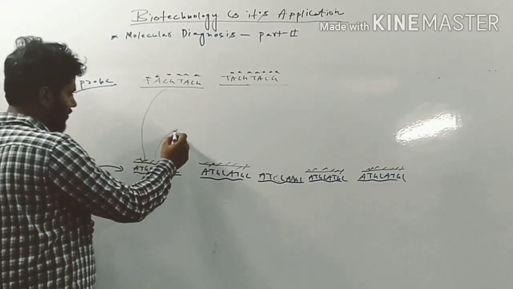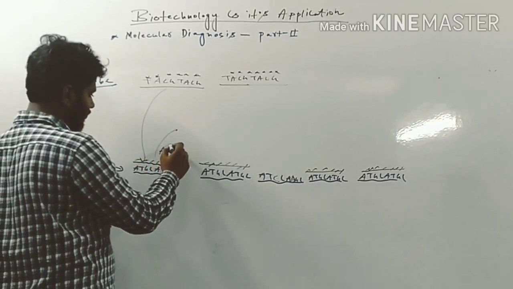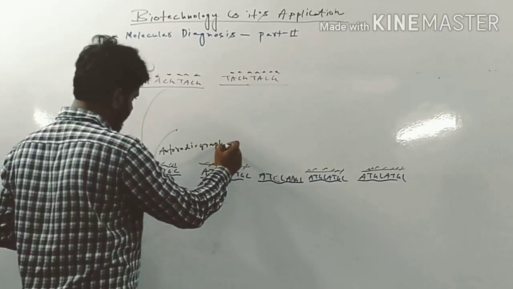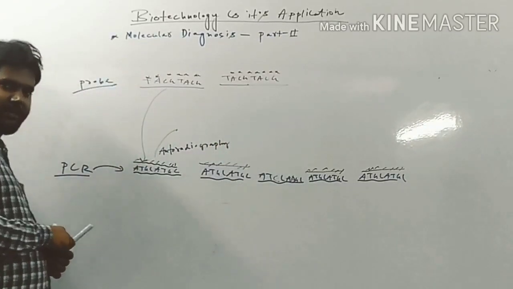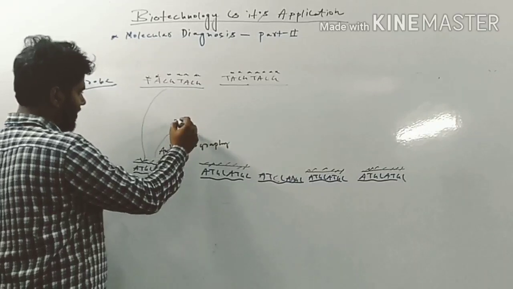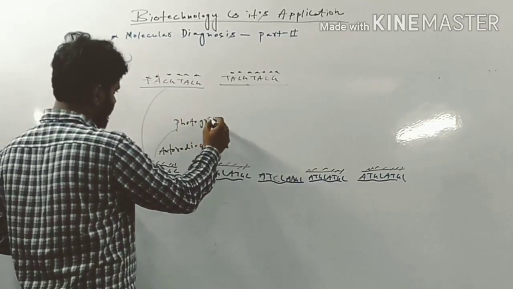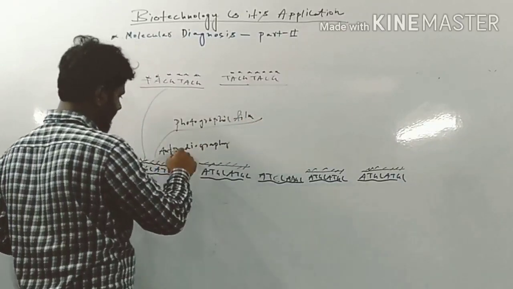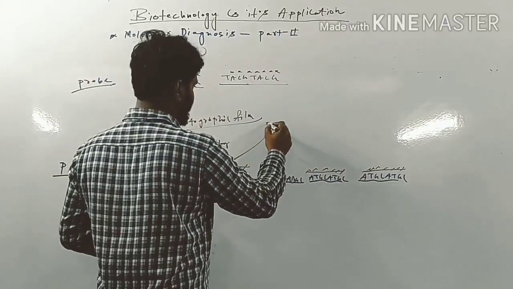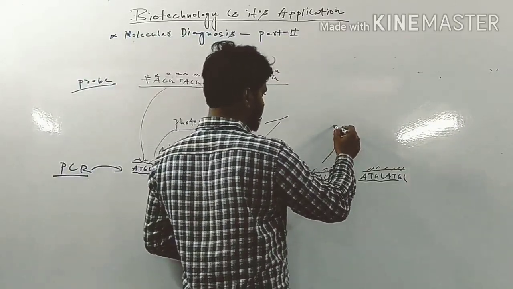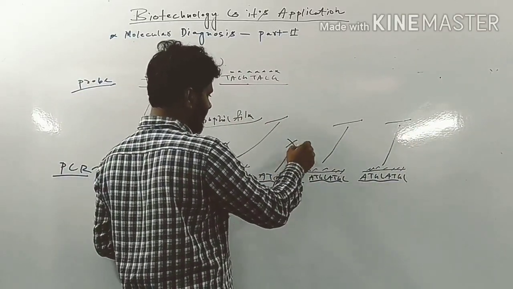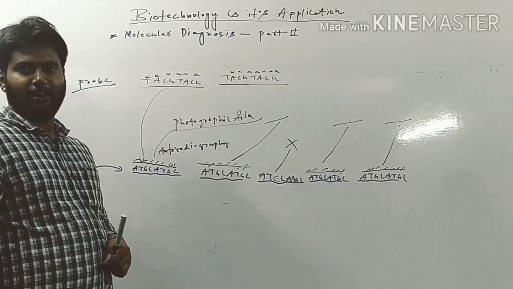Now the simple procedure we use is autoradiography. There will be a photographic film. We will get a signal from here, here, here, and here, but from here nothing can be obtained.